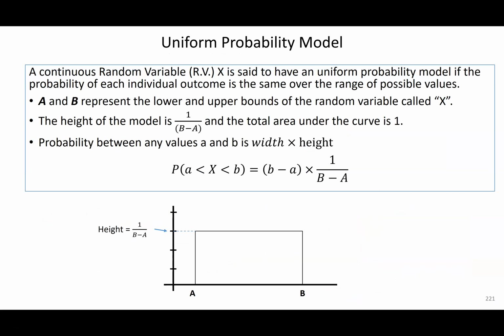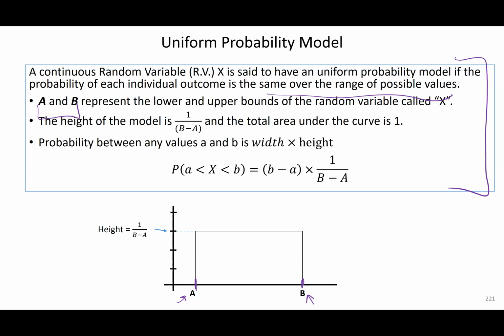Using that example, it's said to have a uniform probability if the probability of these outcomes are the same. If it's level, if it's flat, that's what it comes down to. Uniform or constant probability, it's flat. A and B represent the endpoints. This will be a number, this will be another number, and you have constant probability between them.